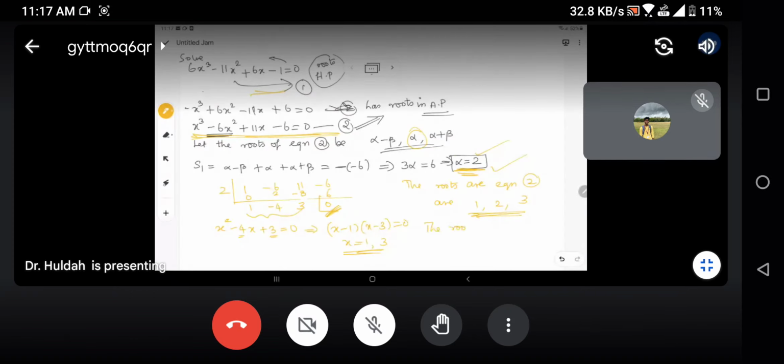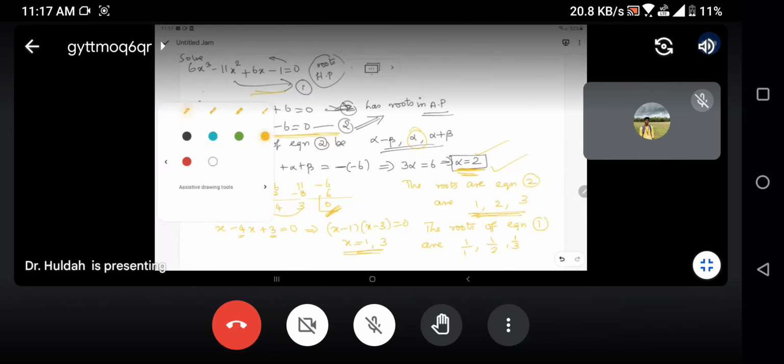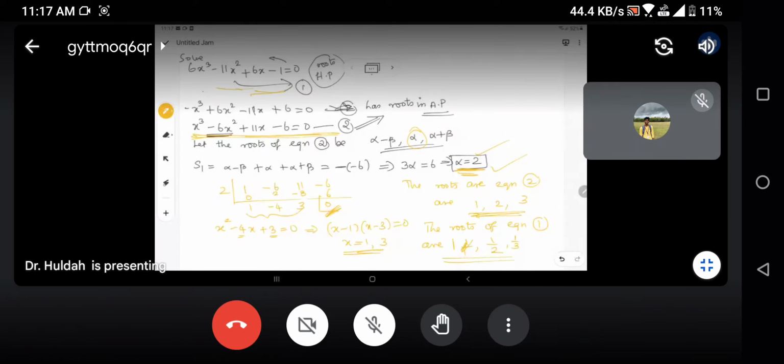The roots of equation 1 are reciprocals: 1 by 1, 1 by 2, 1 by 3. Of course, 1 by 1 is 1, so you can just write it as 1. That's enough. 1, 1 by 2 and 1 by 3 are the roots of equation 1, where the roots are in HP. Is this clear to everyone?